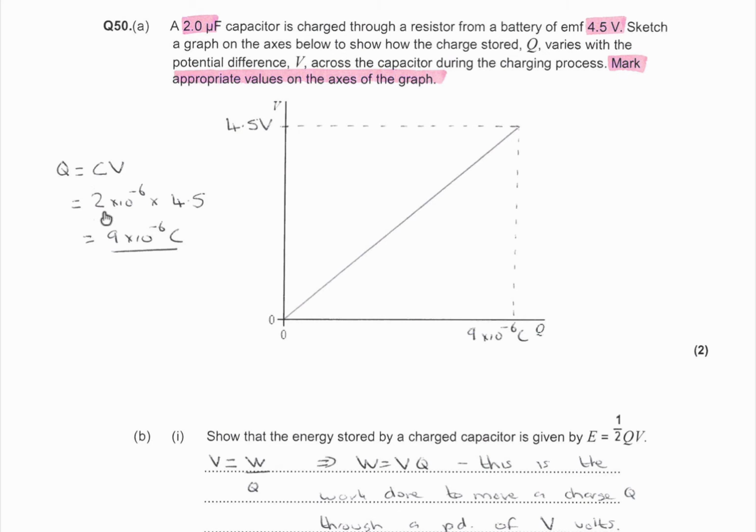So the capacitance is 2 times 10 to the minus 6 farads. The potential difference is 4.5 volts, which gives us 9 times 10 to the minus 6 coulombs. So if we simply mark that on, and then we just draw some lines to show that those values are characteristic for this particular capacitor. Putting both of those values on the axes gets you the second mark.